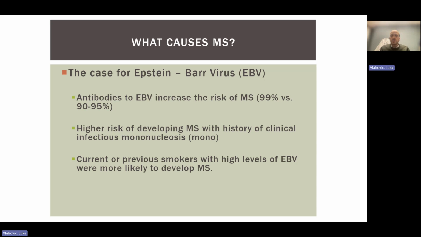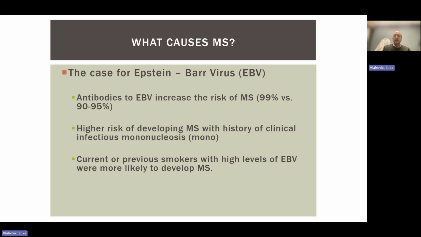I alluded to this previously about viruses, and especially Epstein-Barr virus. It is very interesting that almost anybody who has MS has had previous exposure to this virus. The bigger problem here is that general prevalence, even beyond MS, is high. So we're really dealing with almost 100% prior exposure versus very high, like 90% or above, in the general population.